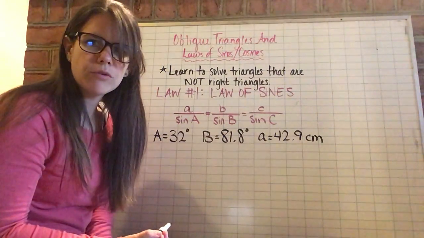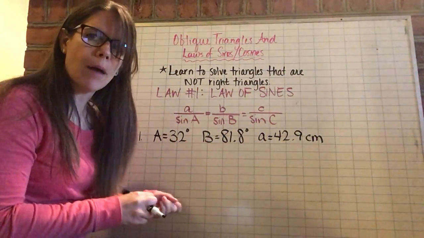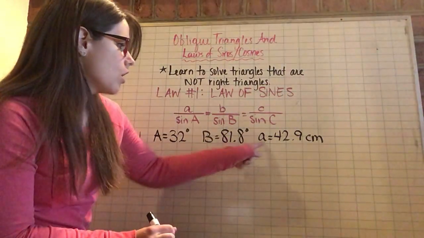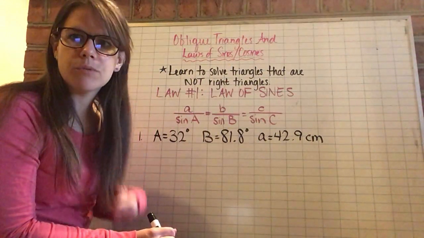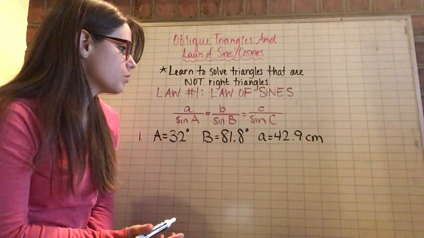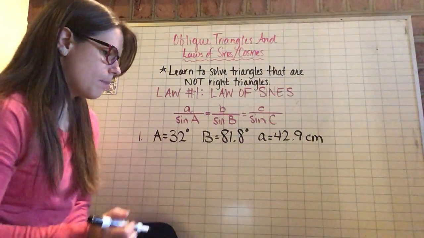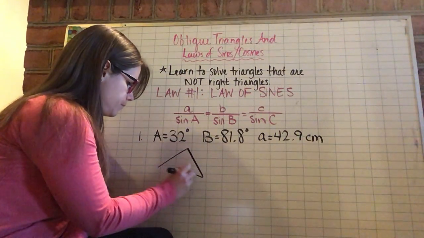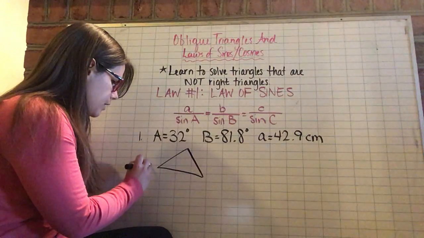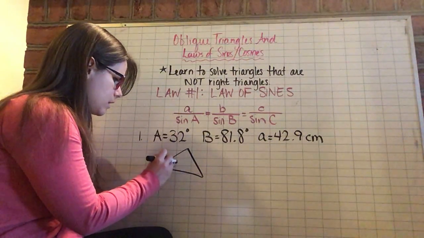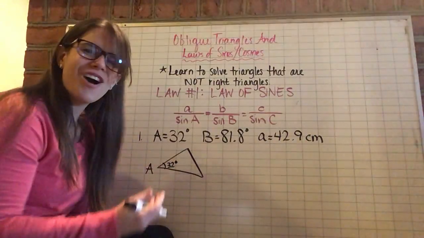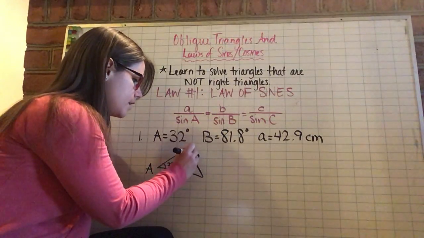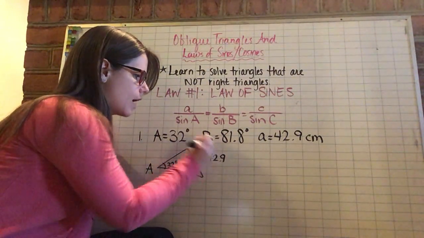Now, some key things you have to remember. A and B are capital letters, and so they represent angles. Lowercase a, b, and c always represent side lengths, okay? So that's really important. Also, when you're talking about a triangle, if I were to draw this triangle for you, okay, if we label this as A, you have to remember, and we talked about this, but it's been a while, that if this is angle A, this must be side A, okay?